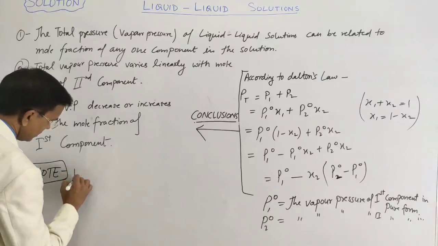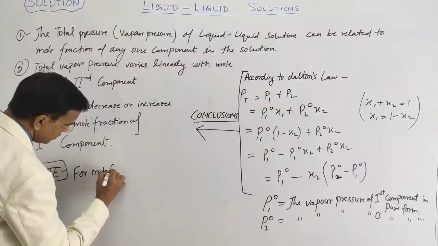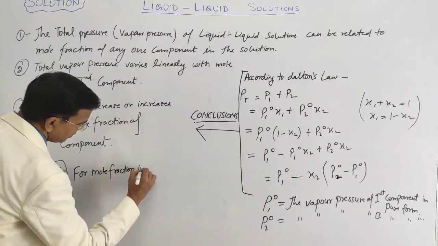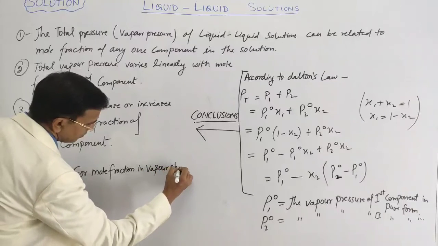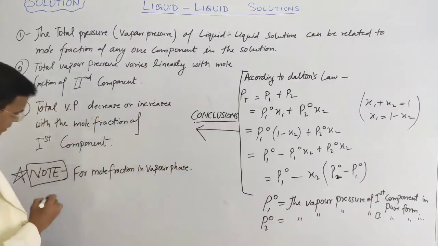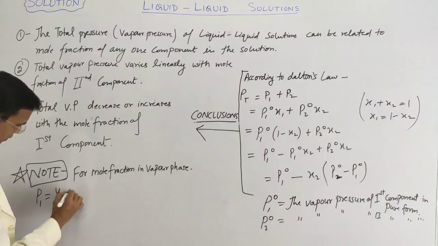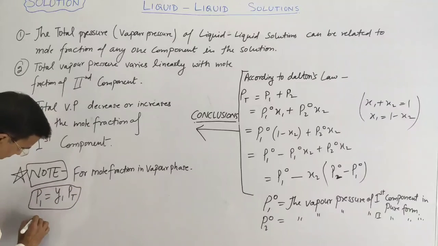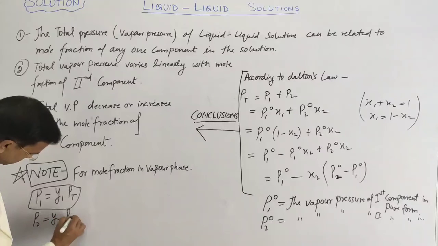For mole fraction in vapor phase, P1 is equal to Y1 P total, the first formula, and second is P2 is equal to Y2 P total.